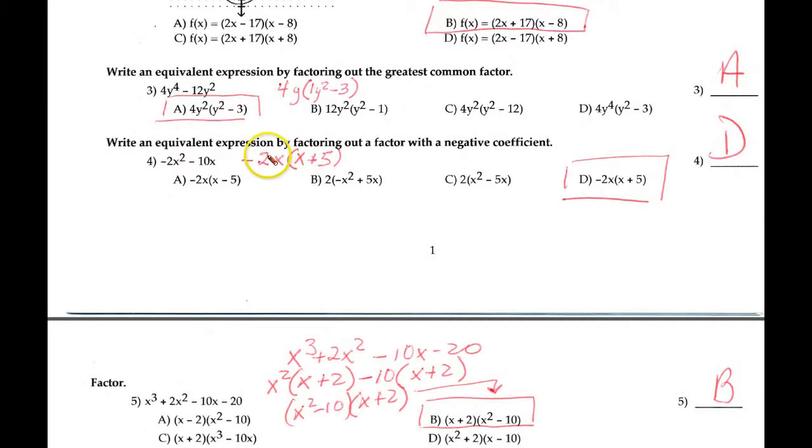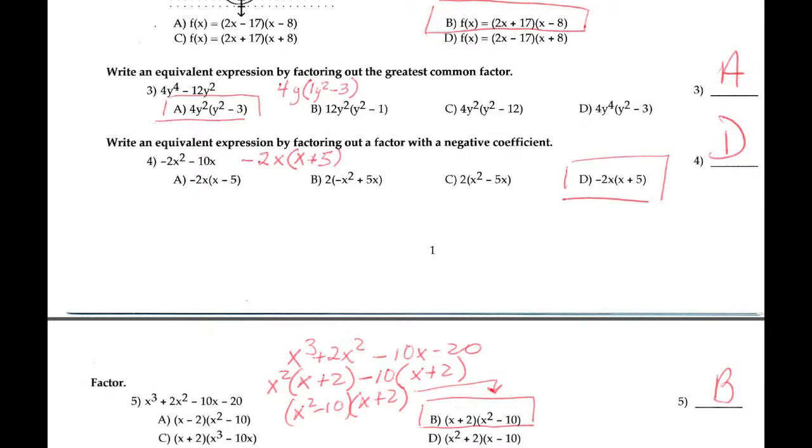Notice if you distribute that, you get this answer again, and then it's matching up which one it is. And again, you want to try to do the work. That way you can just pick out the answer, as opposed to trying to do this and see which one the answer is.